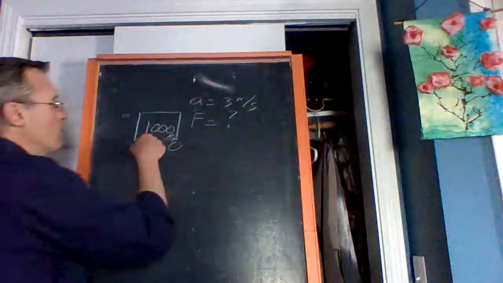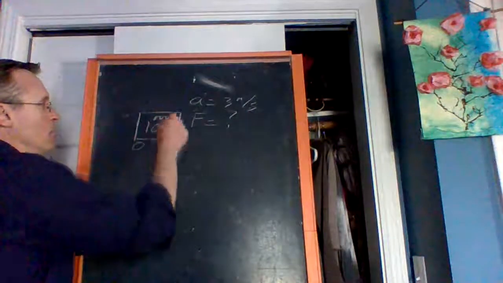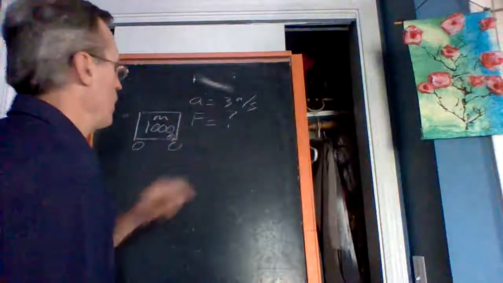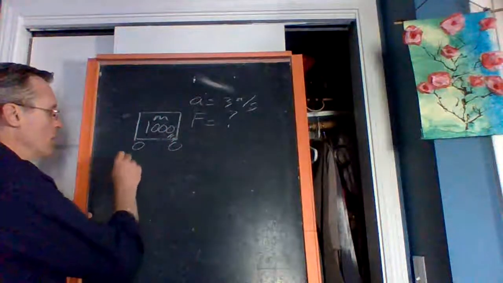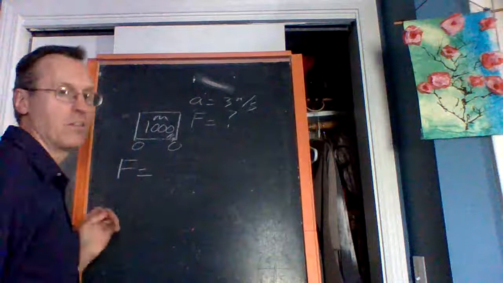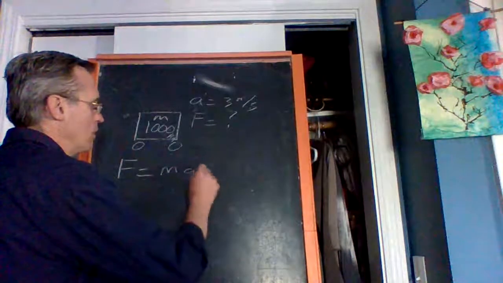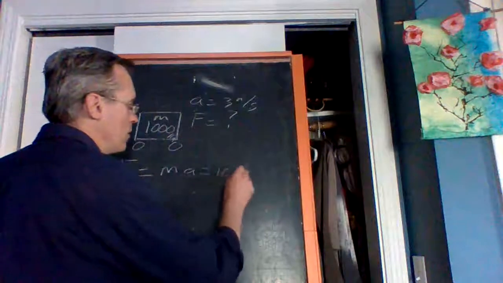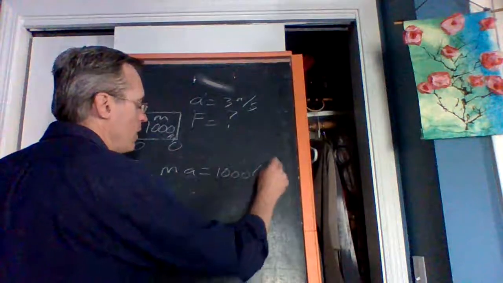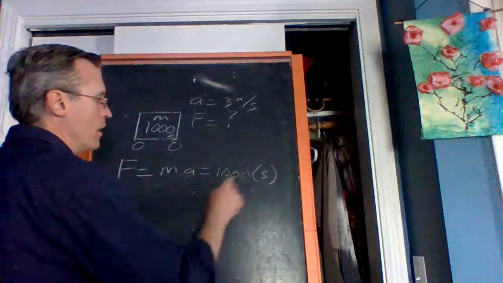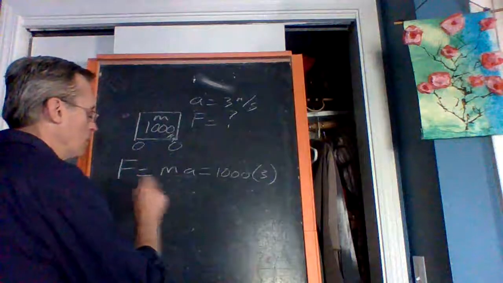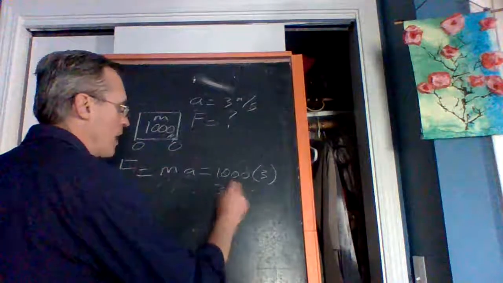The 1,000 kilograms is a mass, the a is 3, and I'm looking for a force, so I'm going to use the first version. The force on that car would be the mass times the acceleration: 1,000 times 3 meters per second squared, which gives a force of 3,000.